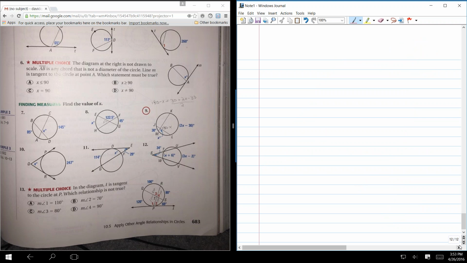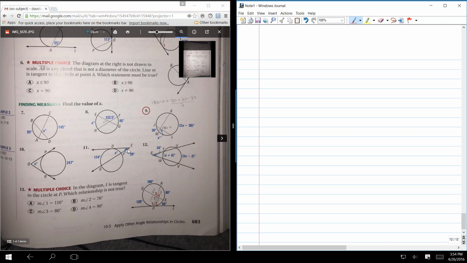Number 11, we have a tangent line and a secant line. Same thing. Notice that those two lines subtend two different arcs.